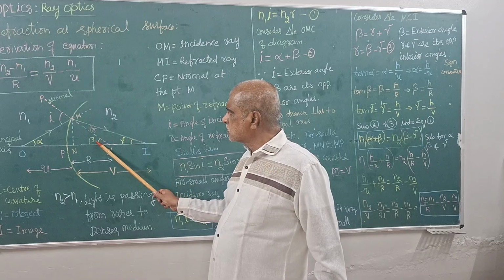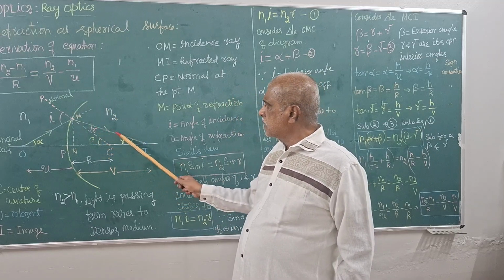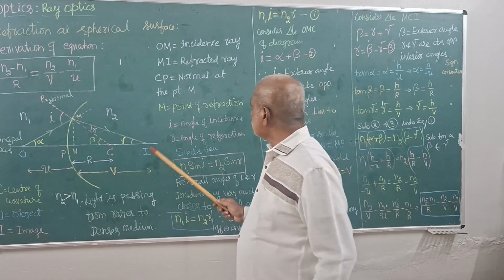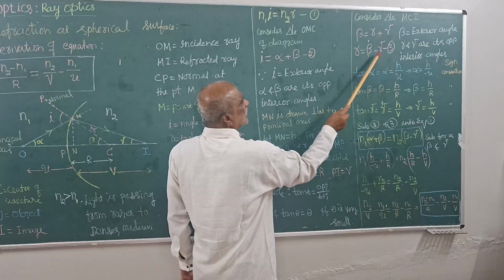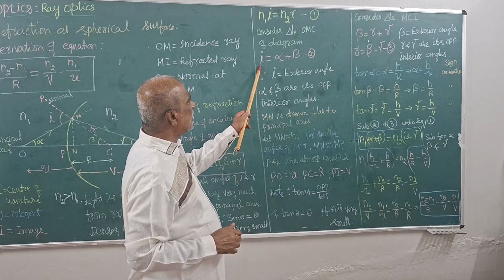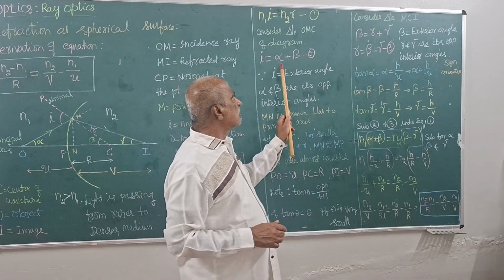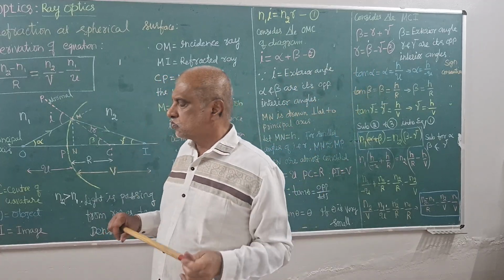Then the same formula applies: beta equals r plus gamma. So r equals beta minus gamma. So we can write i and r in terms of alpha, beta and gamma.